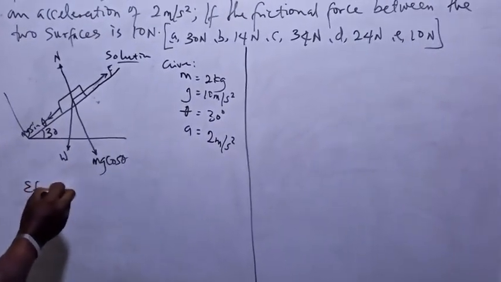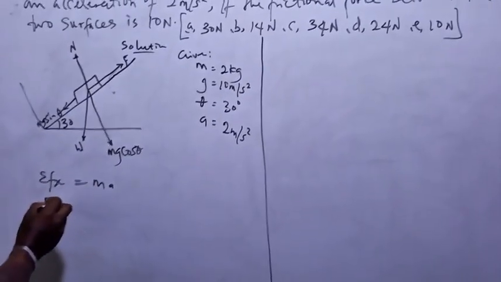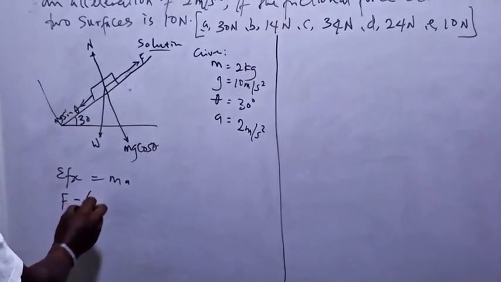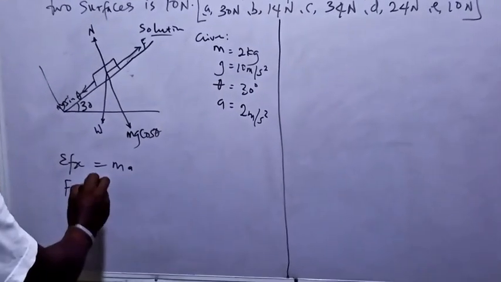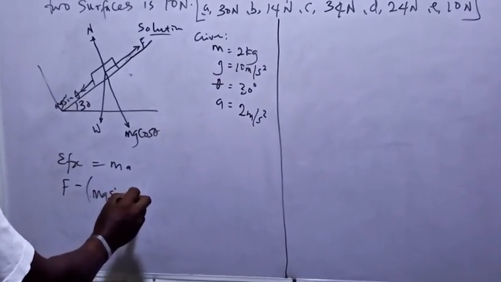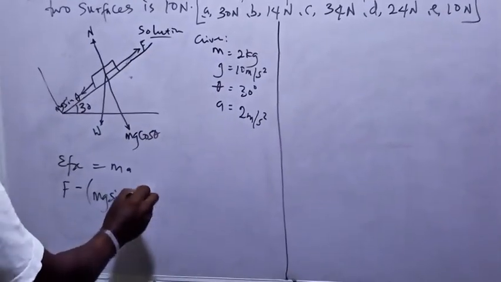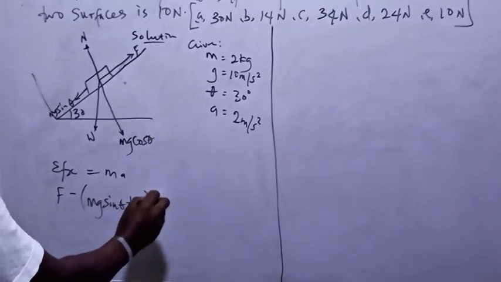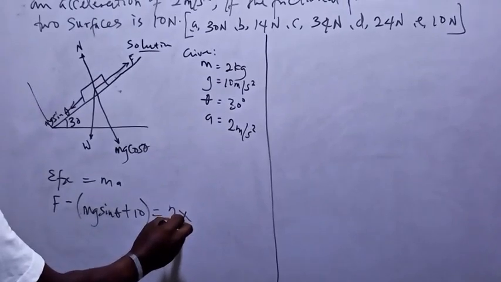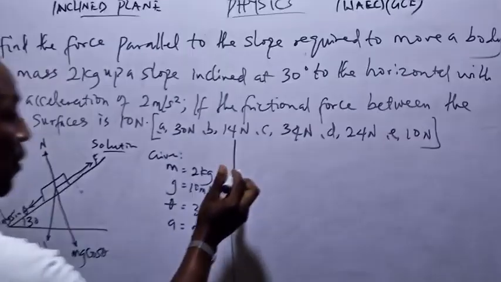Now let's have that the summation of F in x equals ma. We have the force minus the weight component, mg sine theta, plus the frictional force 10, equals the mass, 2 kg, times the acceleration, 2.